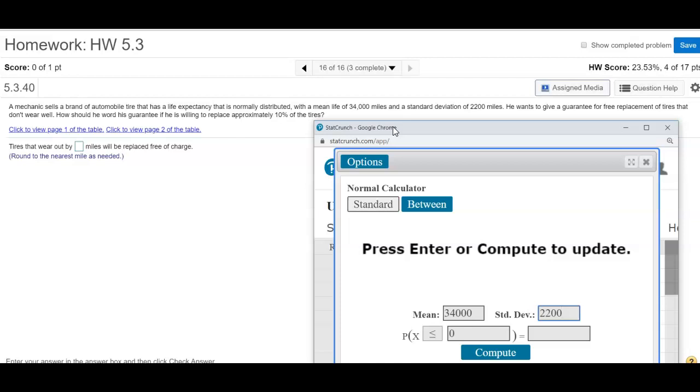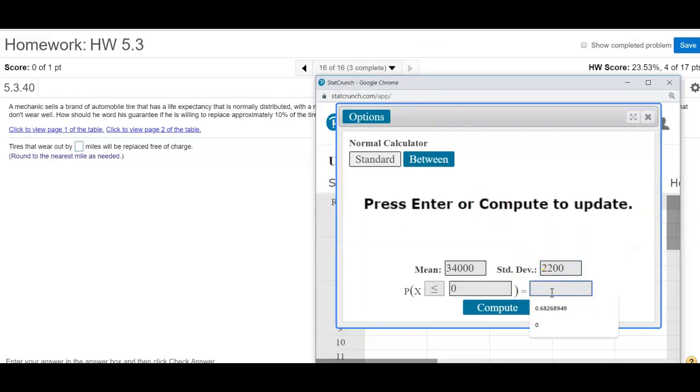You will replace the tires probably for the first 10,000 miles, or the first 25,000 miles, or the first 50,000 miles. So you are always on the lower end, right? So 10% is 0.10, and remember, you're always on the lower end, so less than.